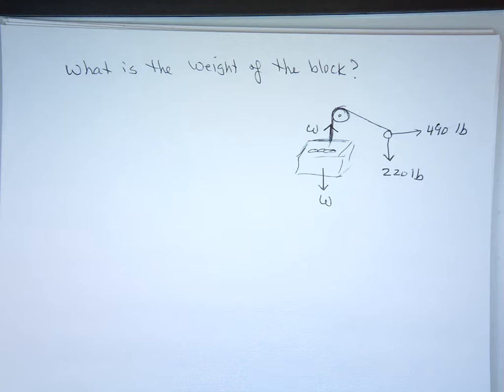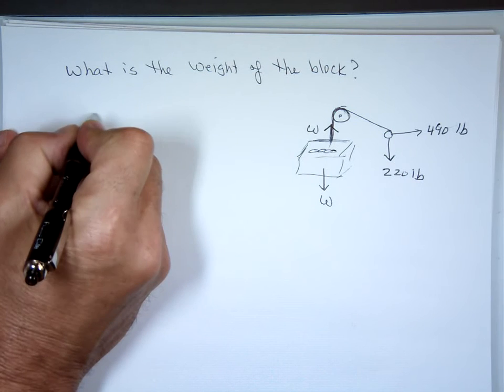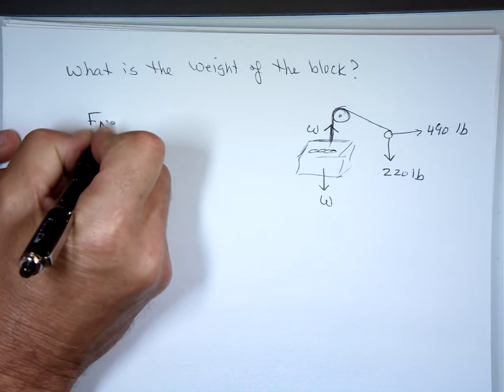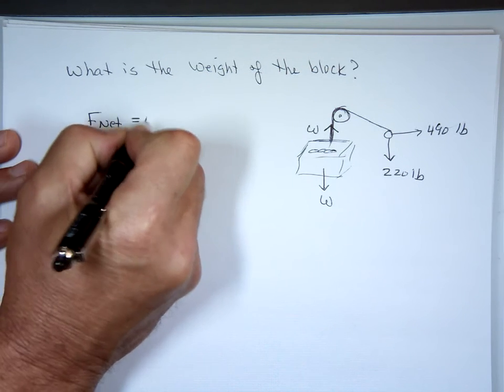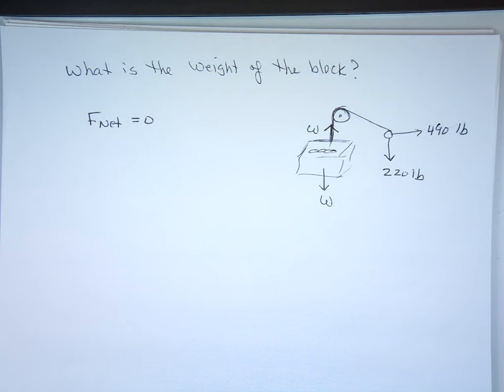No big deal. You don't have to know the name, but the fact is it's not moving. That means the net force equals zero. Actually, if you want the name, it's called equilibrium or a balanced system. You have an equilibrium system. The net force is zero. That means the weight has to equal the tension in the cable.